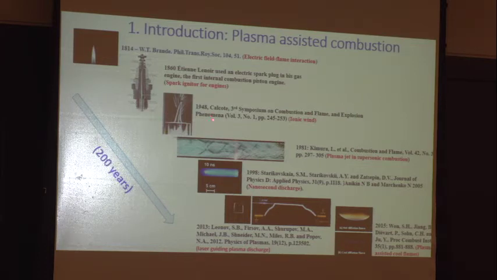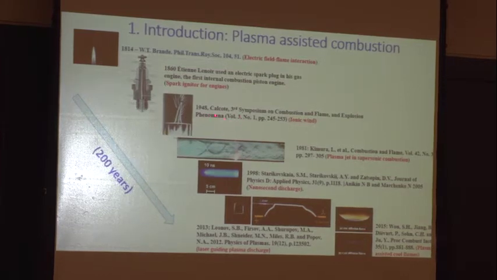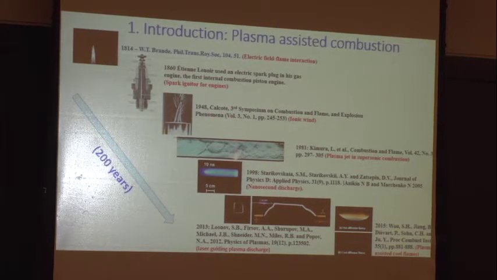In 1948, Lawton, a professor at Princeton, did a lot of research on ionic wind, putting in a DC electric field to see how it affected the dynamics of flames and soot formation. He developed probably a more detailed chemistry for flame ion chemistry.